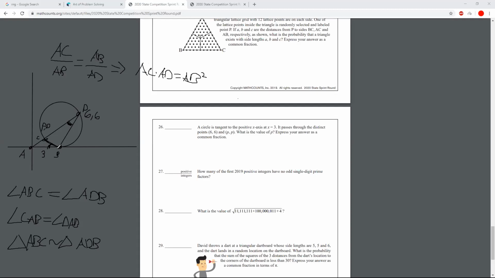We just plug in the distances now, because we know that AB is 3, and AD is 6, 6, so that distance is going to be 6 square root of 2. So now we know that AC is equal to 9 divided by 6 square root of 2, which is equal to 9 square root of 2 over 12, or 3 square root of 2 over 4, I think.